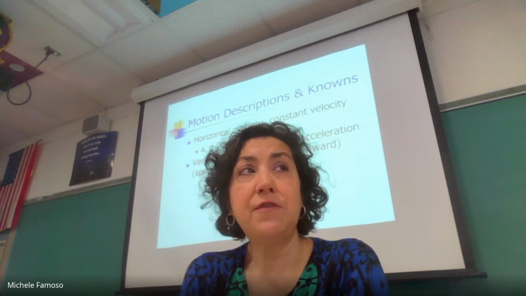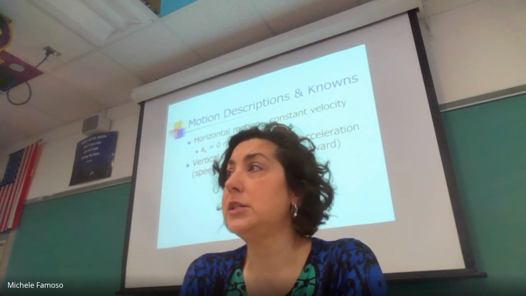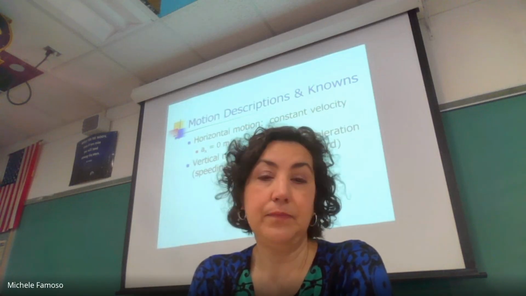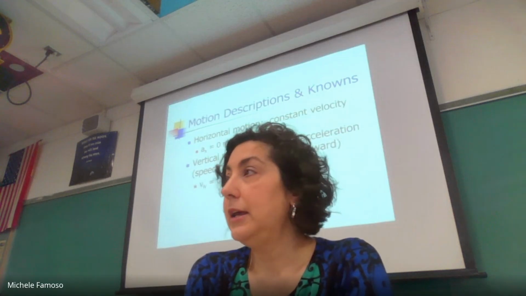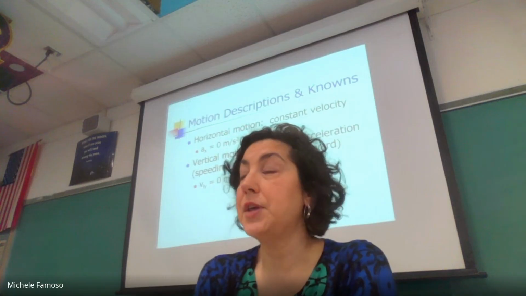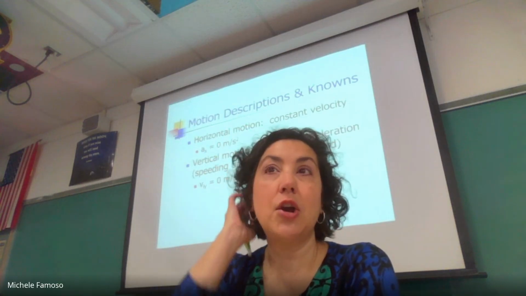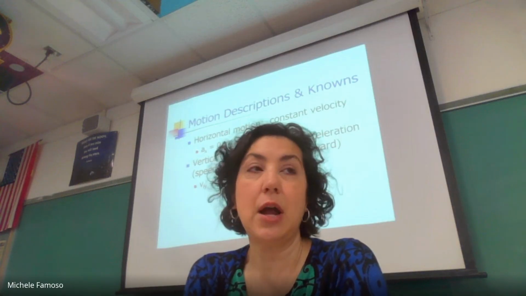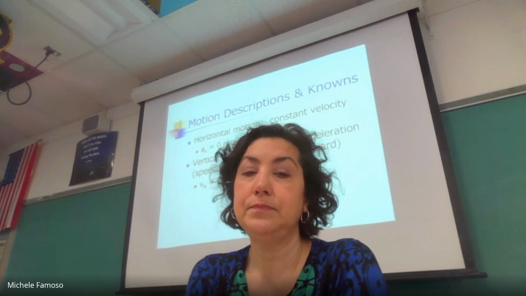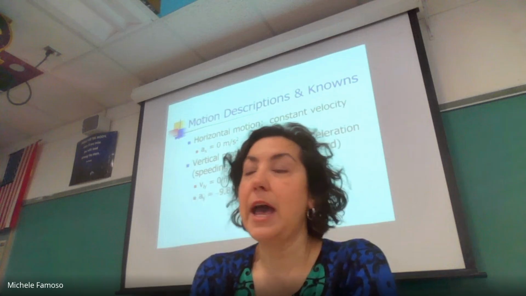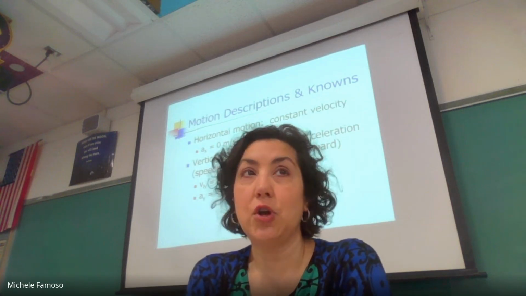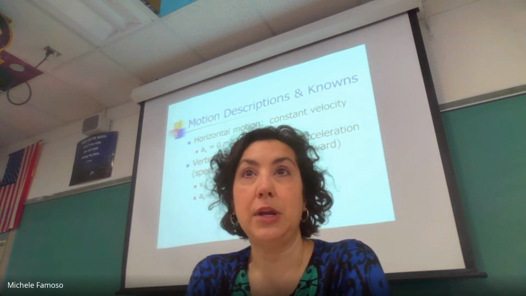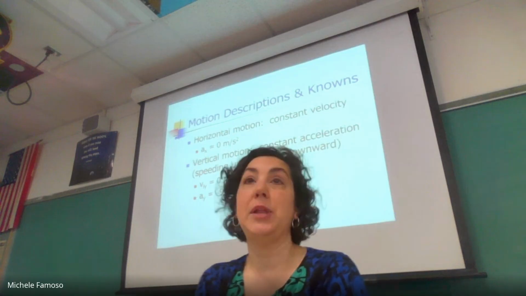To be more specific, these types of projectiles are speeding up as they fall in the downward direction, which means that since they are being dropped as they are fired outward, they will start off with an initial velocity in the y direction of 0 meters per second, and they will have an acceleration in the vertical or y direction equal to negative 9.81 meters per second squared, so long as the problem takes place on Earth.